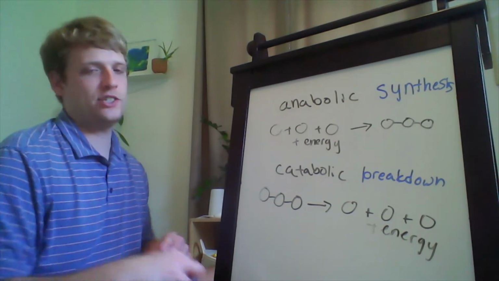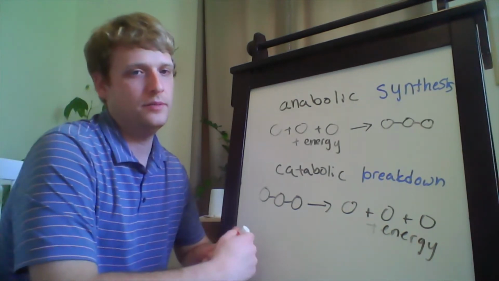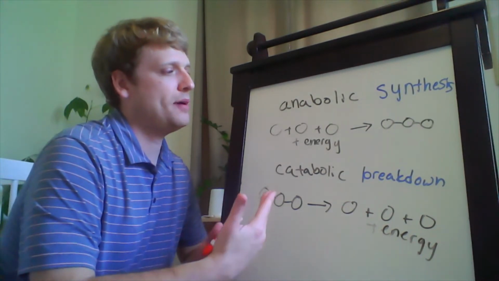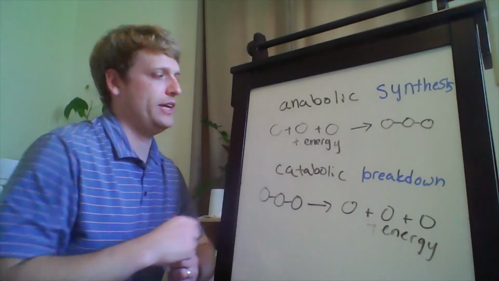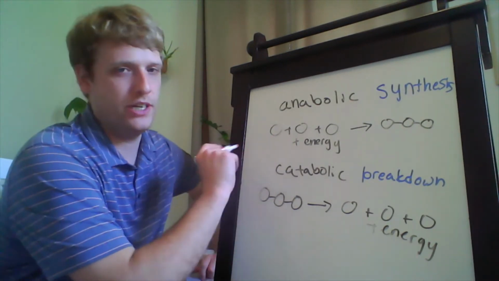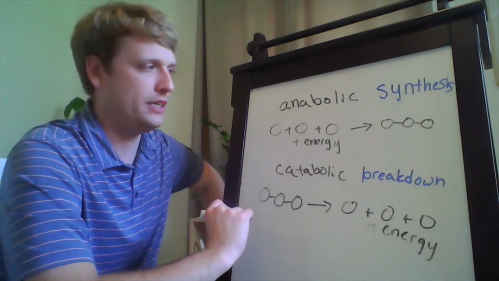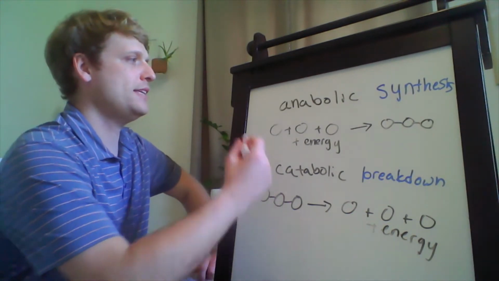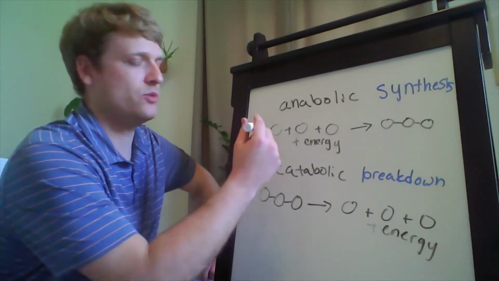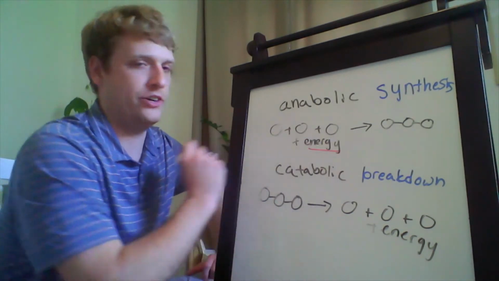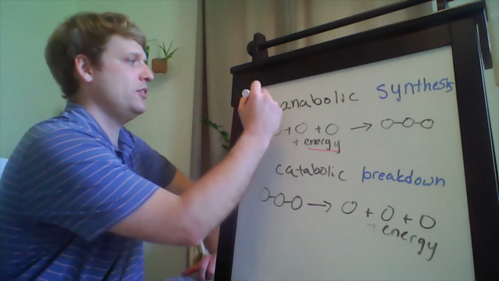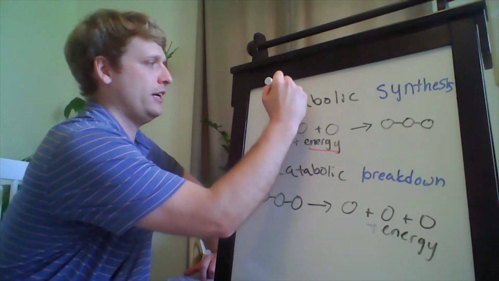So another way to describe these reactions is to think about what is going on with the energy. Is it being input or is it being released? For these anabolic reactions, synthesis, which require an input of energy, we would say those reactions are endergonic.